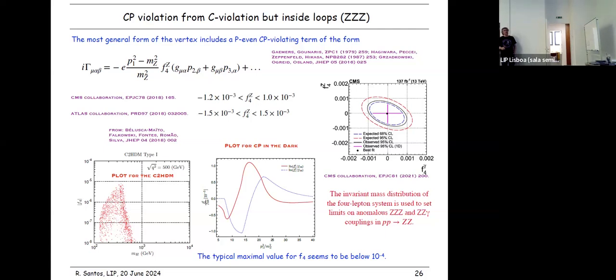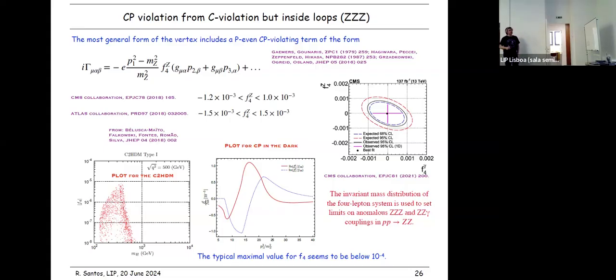This is done by the invariant mass distribution of the four-lepton system, okay? And this will limit the triple Z and two Zs and one gamma couplings in H to 2Z. Okay, these are the results from 2018 from ATLAS and CMS, and this is the more recent result from CMS. It is improved by one order of magnitude, and it's not that far away.